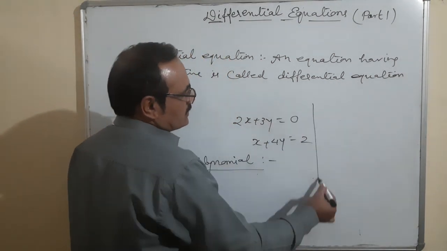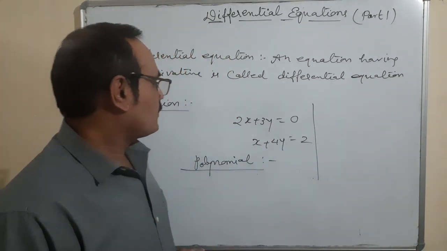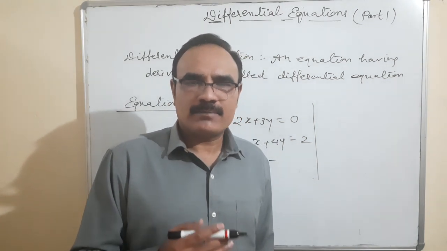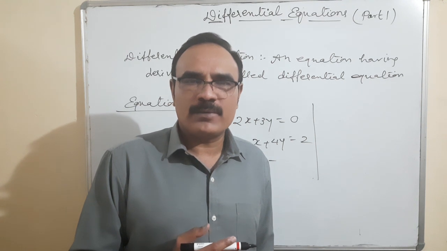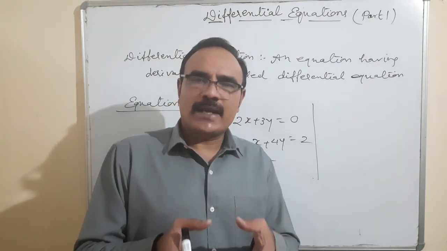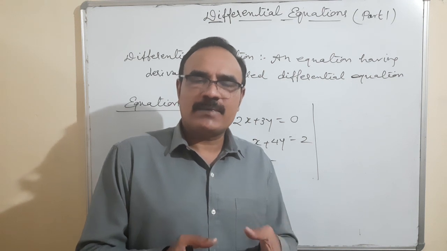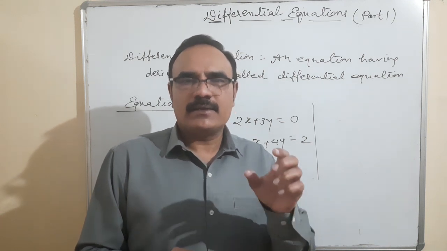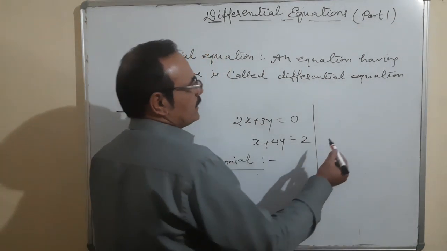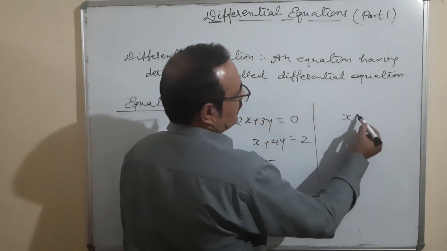So this is the term. Now, not only a single variable, there can be many variables. Many variables can be involved in a polynomial or equation, but the condition is that two variables can be added, subtracted, multiplied, but divided only in some limited manner. Suppose one variable is x and the second variable is y.